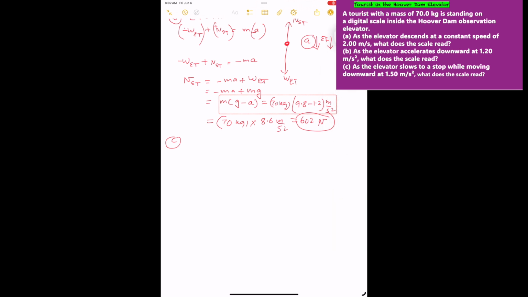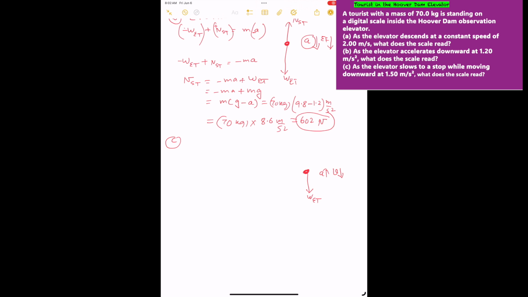So how do you deal with this problem? Let me write down here. Again the weight of that tourist is downward. Now here the acceleration must be upward because this is slowing down. The velocity of that elevator is downward because it is descending in the Hoover Dam observation tower.